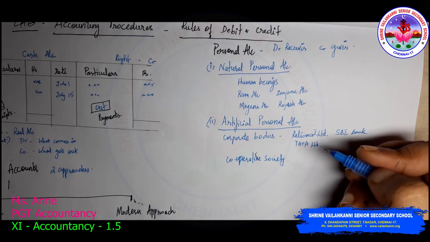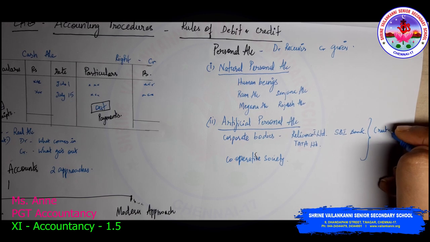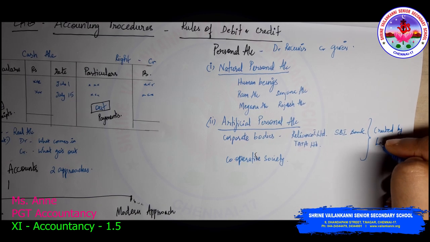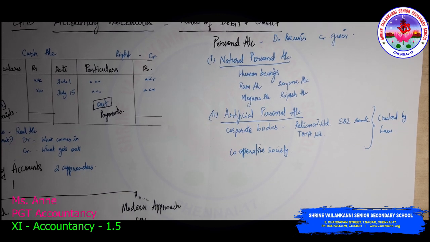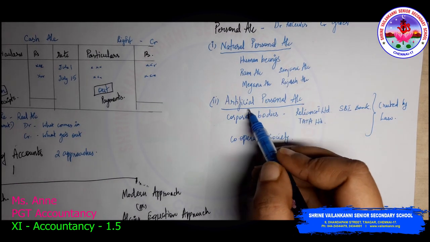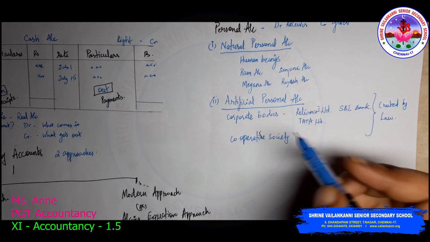They are all artificially created by law. They are not natural persons. Those are also called personal accounts, but they are called artificial personal accounts.